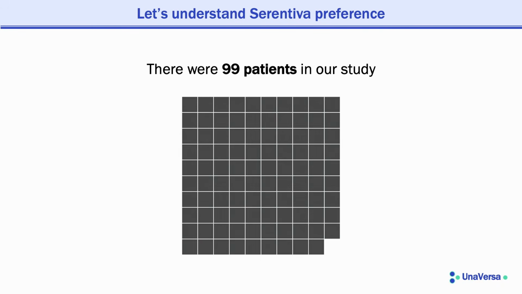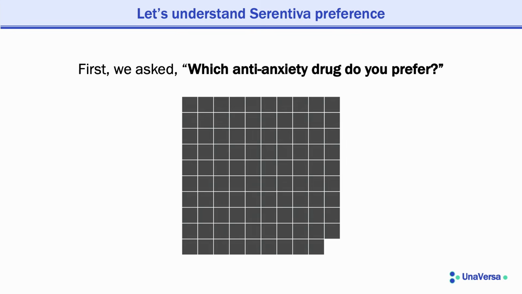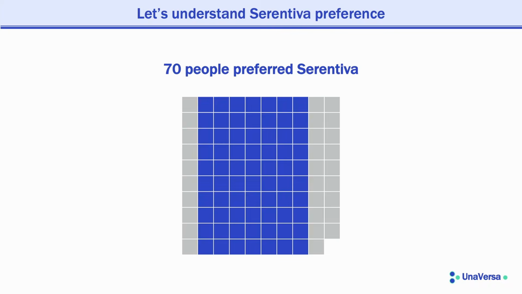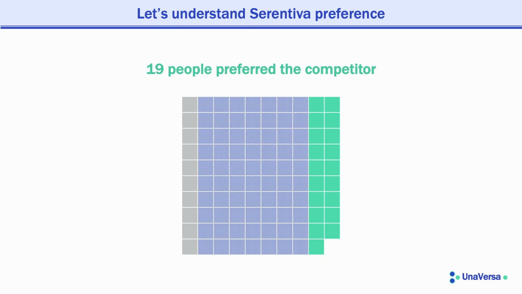Overall, we had 99 patients participate. First, we asked a simple question: which anti-anxiety drug do you prefer? 10 people didn't have a preference either way. 70 people preferred Serentiva, and the remaining 19 people expressed preference for the competitor.